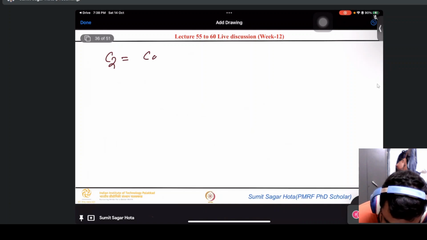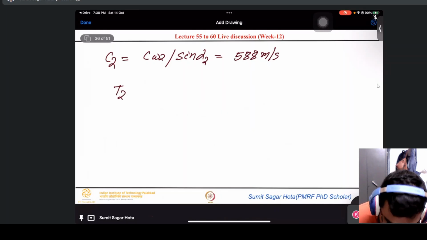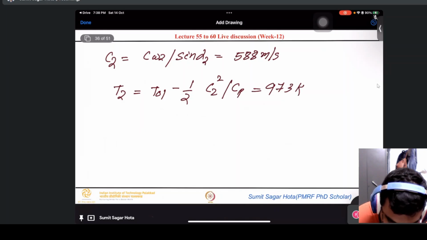C2 equal to CW2 divided by sin alpha 2, solve it, 588 meter per second. T2 equal to T01 minus 1 by 2 C2 square by Cp, solve it, you get 973 Kelvin.